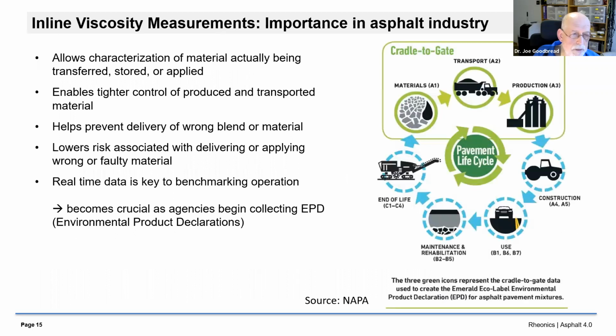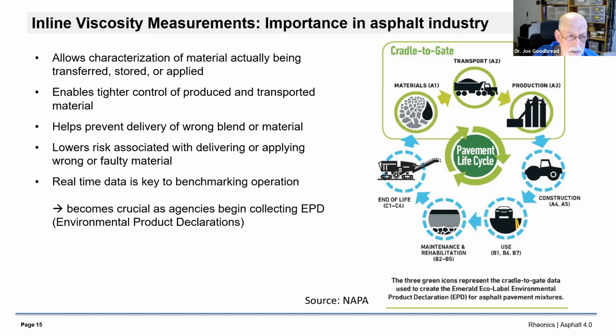So by contrast with lab analysis, inline viscometers enable viscosity measurements that are more directly relevant to actual production, transport, and application processes. First of all, they measure the properties of the material actually being applied as it is being applied. Inline viscometers enable tighter control of material properties in all phases of processing and use.